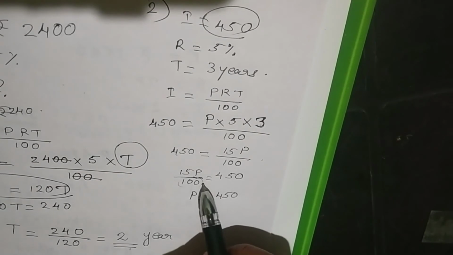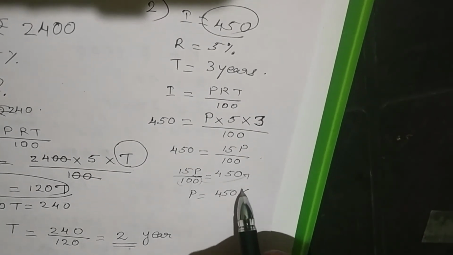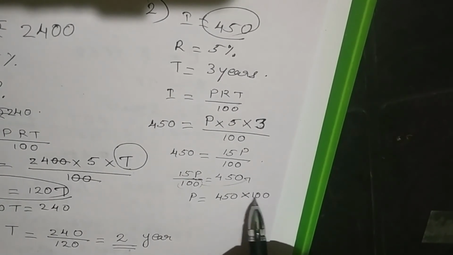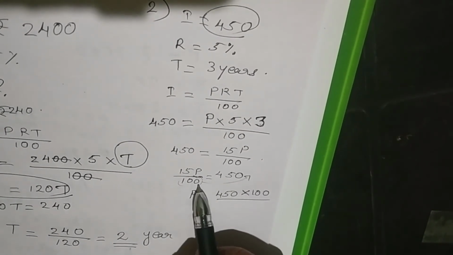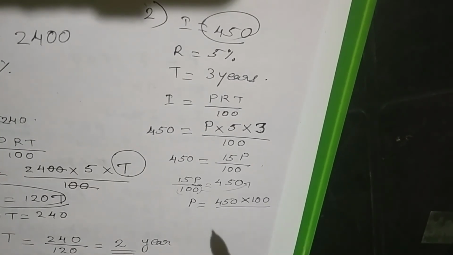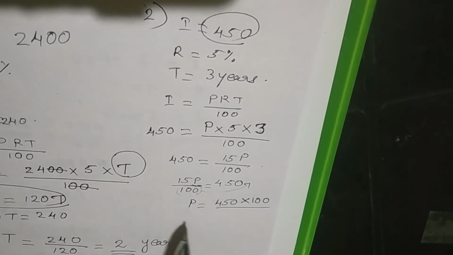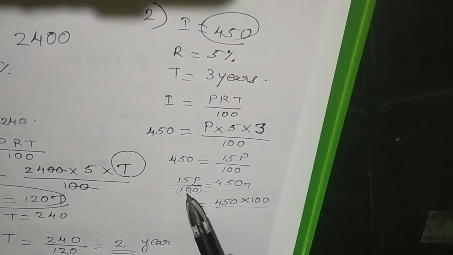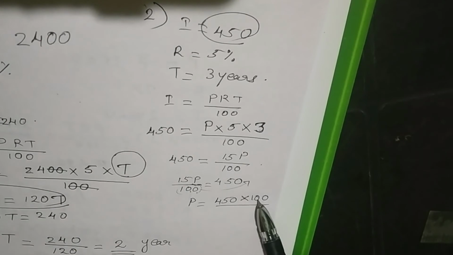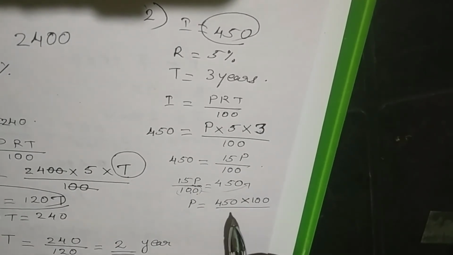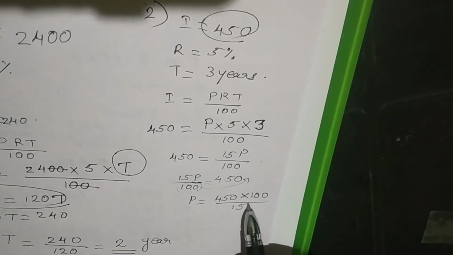So we can take it to this side and multiply by 100, because 100 is the denominator here. When we are moving to the RHS or LHS side, the opposite will be there. So here the denominator is 100, so that will be the numerator. Then here the numerator is 15, so that will be the denominator.